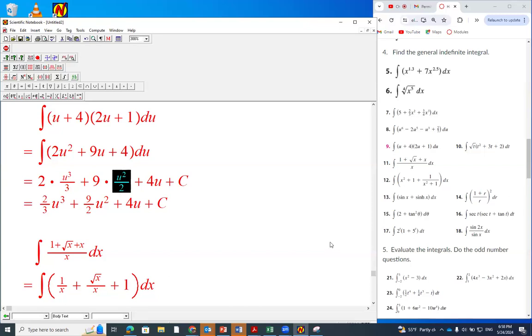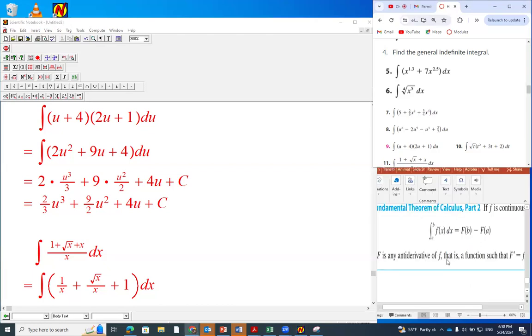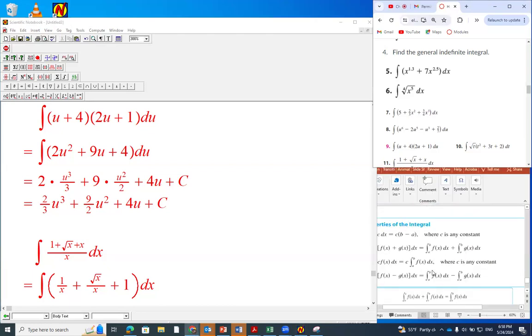In the process, we apply the properties of integration. And what are these properties of integration? Such as you can bring the constant out, right? So that's what we did. And you organize the terms.